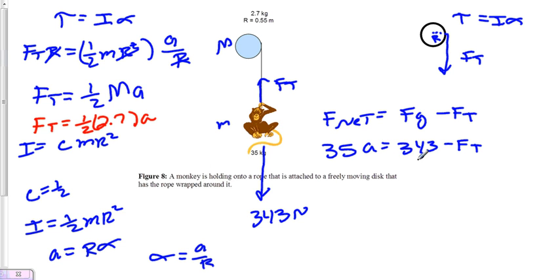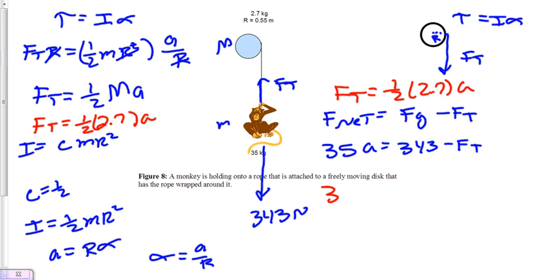Okay, so now we have our systems of equations. I'm going to write that over here for clarity. So force tension is equal to 1/2 times 2.7 times A. So what are we going to sub in? Well, we have a force tension right here. We can sub that right in there pretty easily.